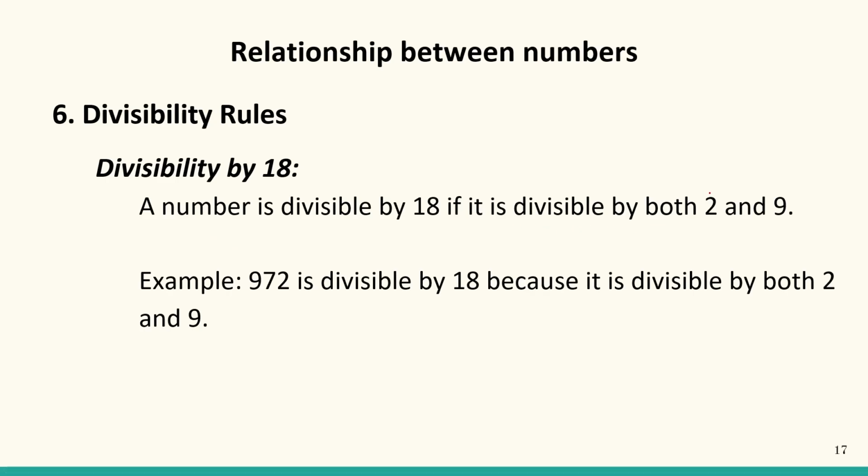So if it is divisible by both 2 and 9, the only criteria you need to check is whether the number is even, and whether it is divisible by 9, that is, whether the sum of the digits is divisible by 9 or not. That is the only thing you need to check. Here we have an example, 972. Since 2 is the last digit, we can say that this is even.